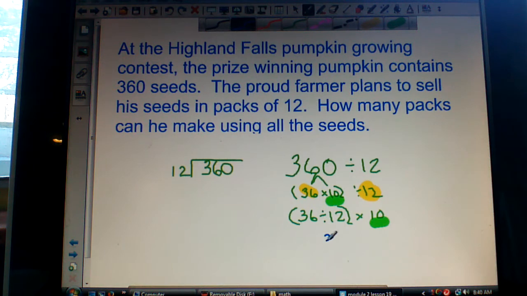The answer to that is 3. 3 times 10, because that's what I need to do next, because that's what's left, and the answer is 30. So if we broke it up, we would get this number because we're using the unit form. So the answer is 30. Can you do just long division and figure out the problem and get the same answer? Yes. However, this lesson is focused on doing this. So this is what we're working on.